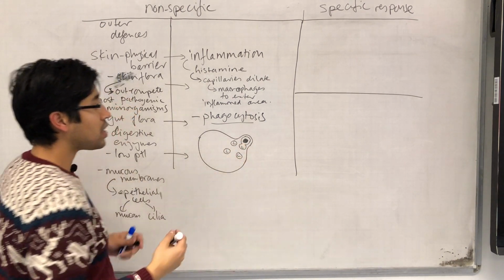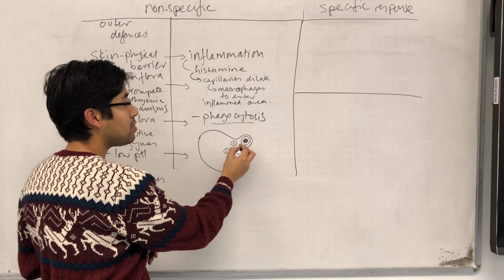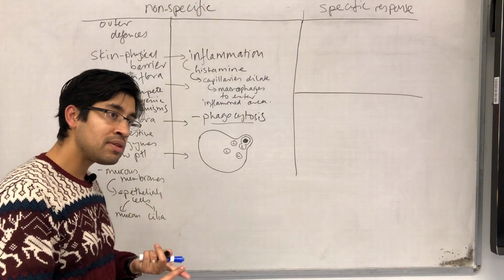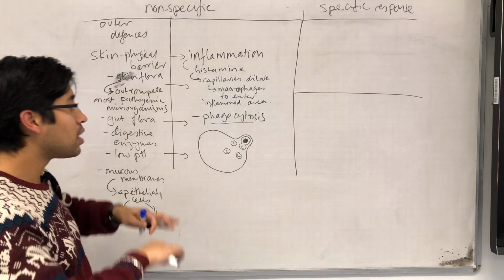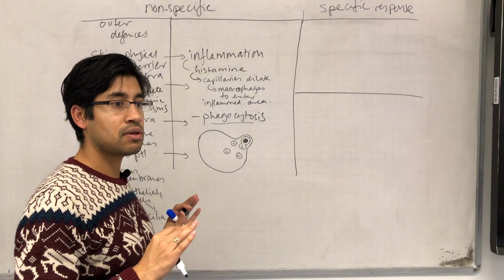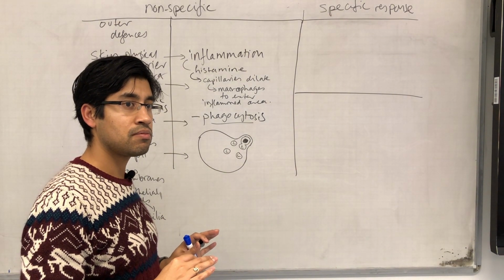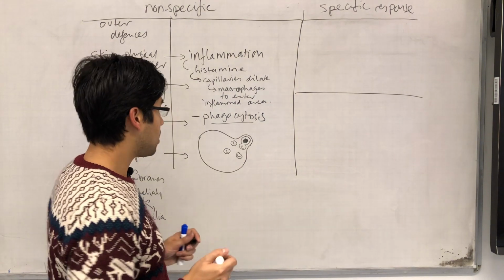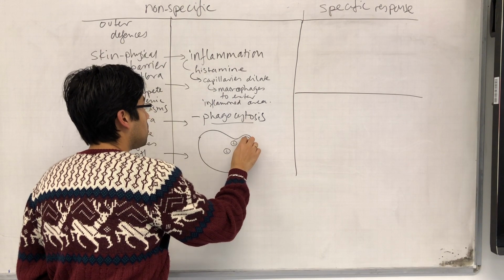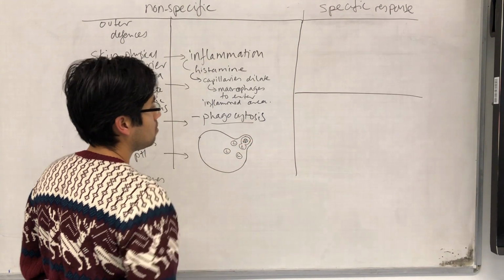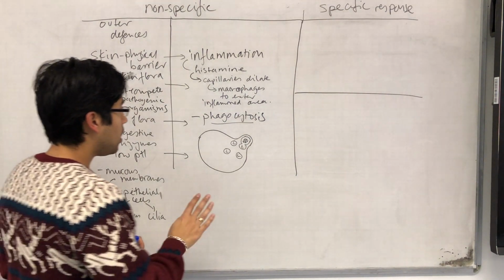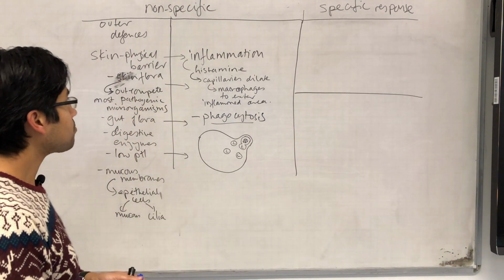And when they join with that compartment, all these hydrolytic enzymes can then attack the pathogen and basically break the proteins down, break the carbohydrates down, break the lipids down, and essentially just deconstruct that pathogen into fragments. Okay, making sense? Right, so that's phagocytosis.